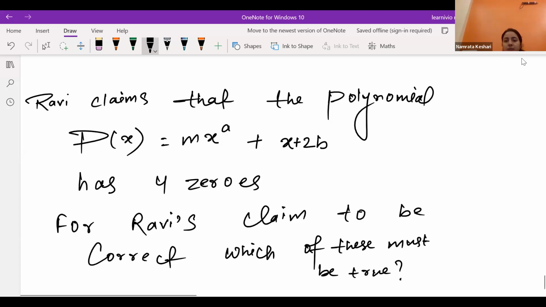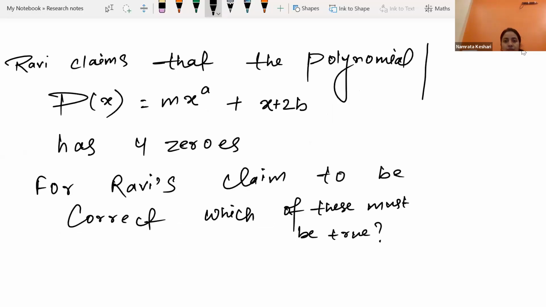Options are, I'm writing the options over here. Is it a is equal to 4b or 2b. A equals 2b or 4b. I'm writing numbers because A, B, C, D everywhere can create confusion.